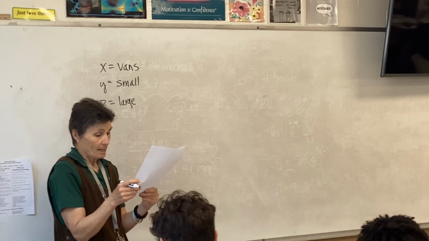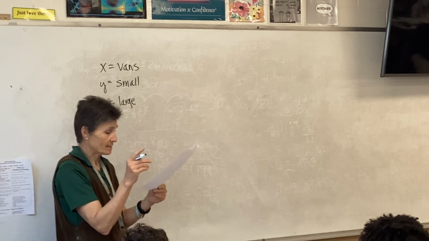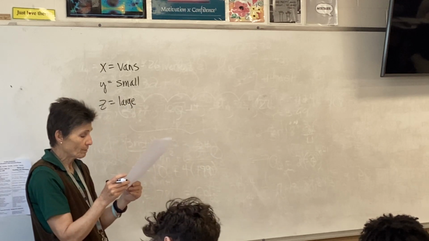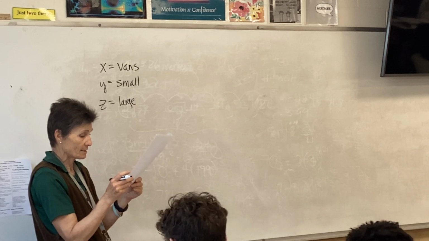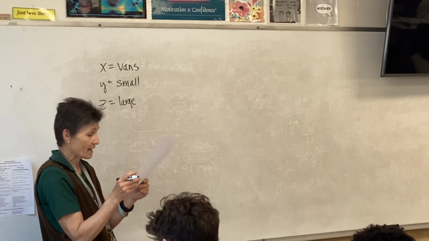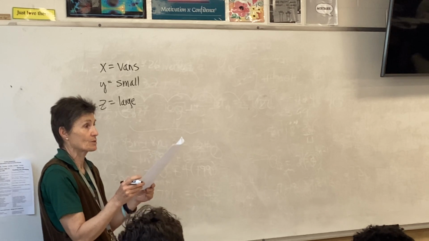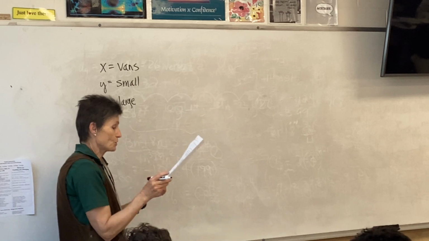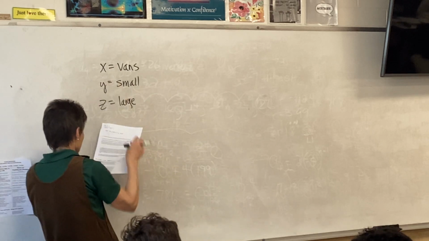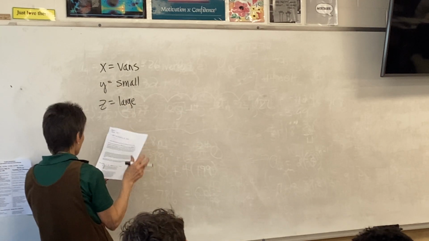Okay. The vans can carry 8 portables, 3 remotes, and 2 console TVs. The small trucks can do this, this, and this. Large trucks can do this. On a given day, they have 115 portables. Okay? So, every X can carry 8 portables.